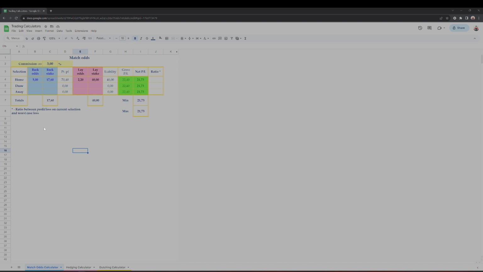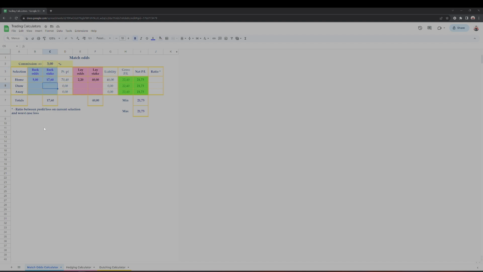You can easily find them over the internet. So first of all, the match odds calculator, very simple. You can just define the commission that you have. This is different on many different exchanges. I have 3% at this very moment.